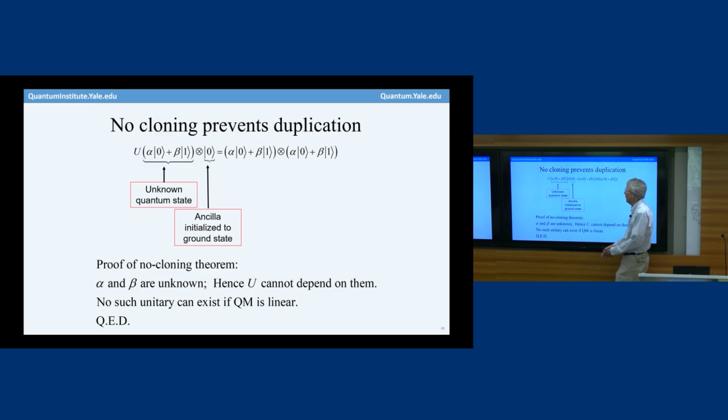So something's wrong. I'm doing linear algebra, multiplying this vector, which depends linearly on alpha and beta, by a big matrix, and getting something that depends non-linearly on alpha and beta. That's impossible if you don't know what alpha and beta are, so that you can put those numbers inside U. So that's the no cloning theorem.